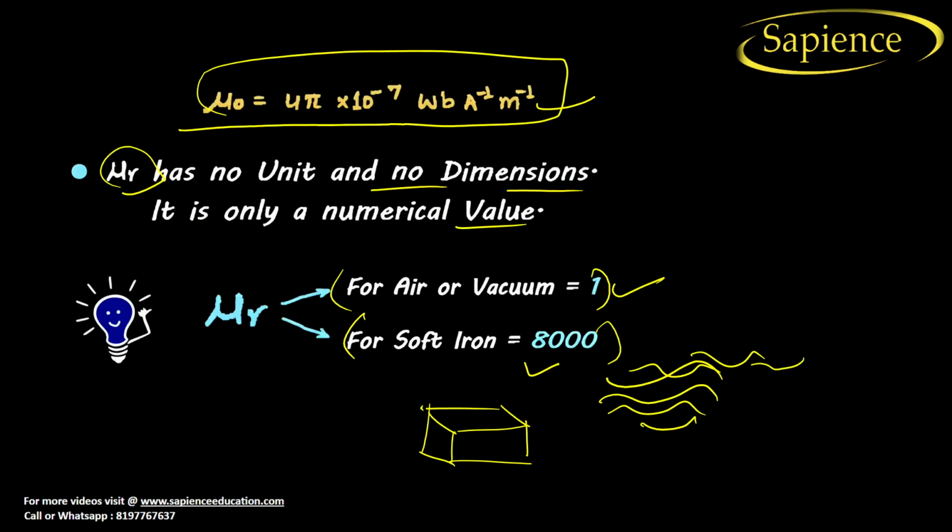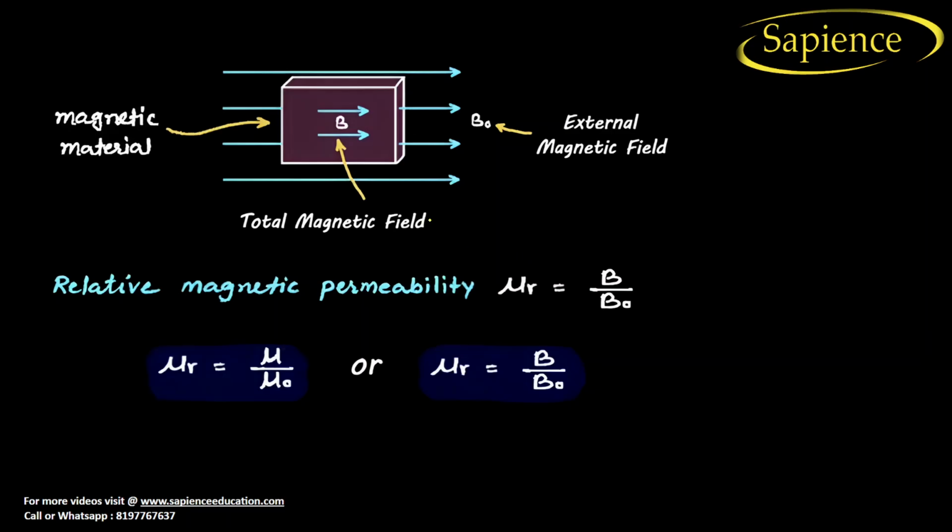Okay, now this is your magnetic material, and B naught is the external magnetic field. The total magnetic field inside this will be B. Externally it has magnetic field B naught, and internally its magnetic field is B, so it may either decrease or increase.